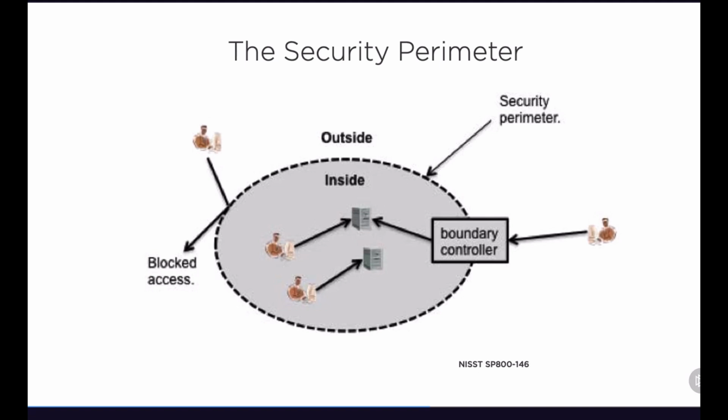Sometimes that was known as the trusted computing base. That which was outside of the perimeter was beyond my direct control. And I could try and control how data flowed from inside to outside through some type of a boundary controller, allowing certain activities in and certainly blocking others as well.